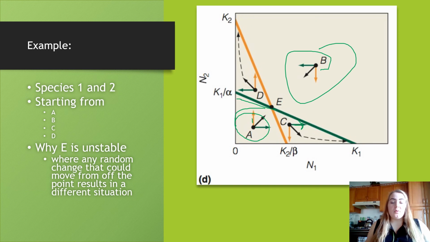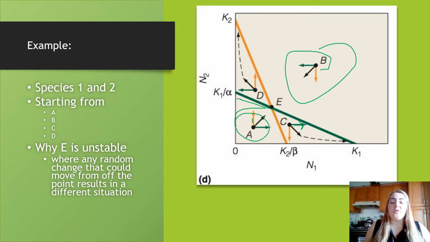Now we have the unstable equilibrium point, point E. E is unstable, and this is a place where any random change that moves us off the point results in a different situation. Anything like a large population of immigrant species from species 1 or species 2 would disrupt that, or a natural disaster or a big storm.